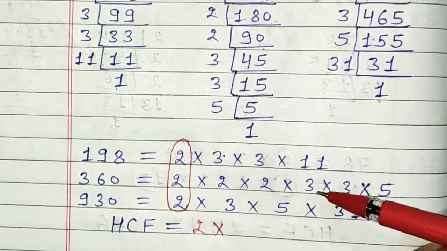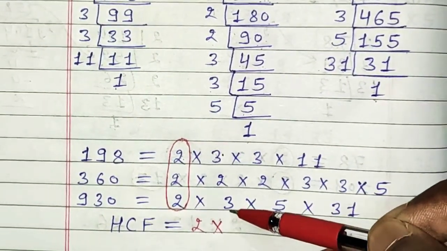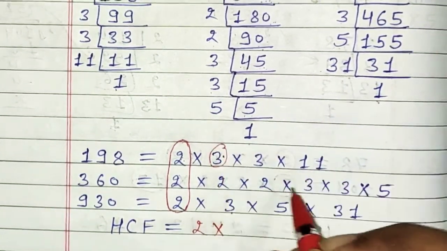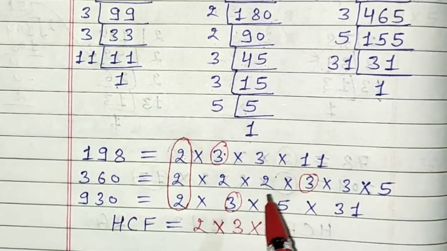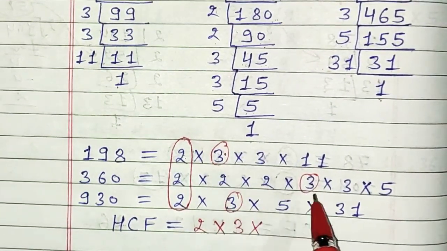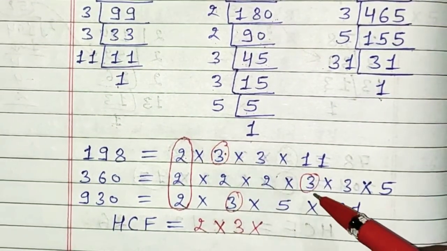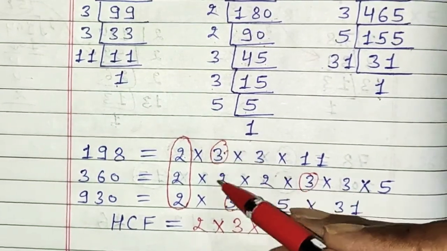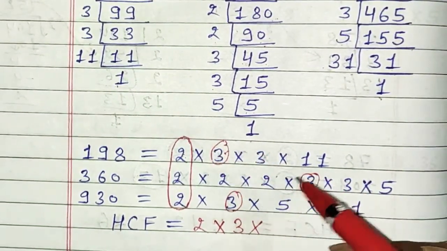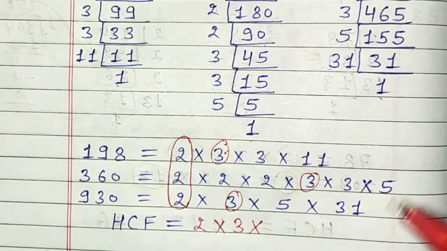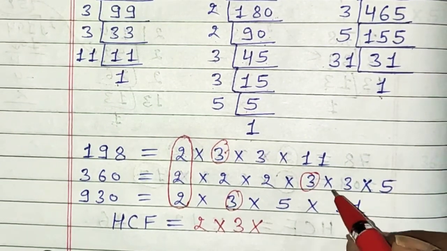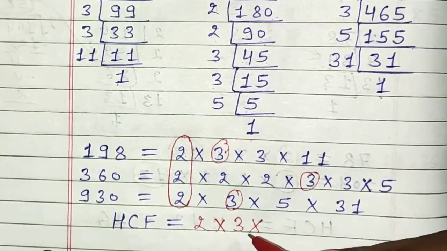Now 3 is here, 3 is here, and 3 is here, so just make a circle and write 3. The circle is important, because when you put a circle on those numbers, that means you already have taken those numbers. It will be easy for you to remember what factors you have written here.